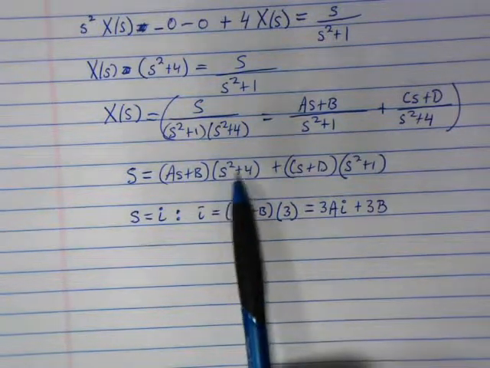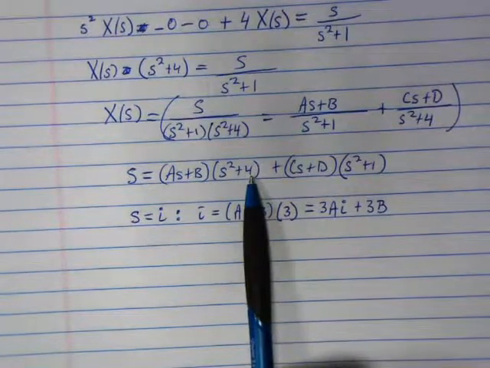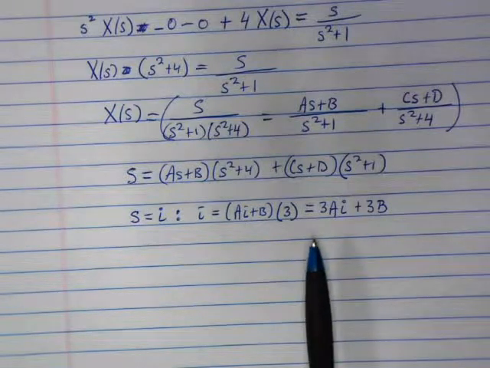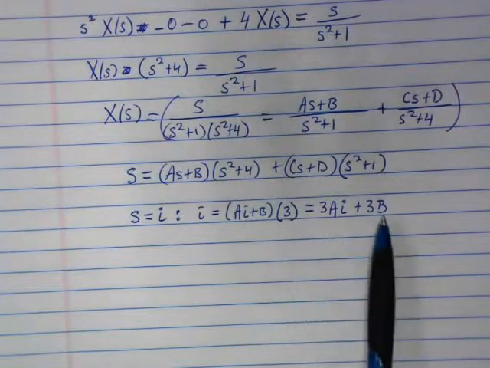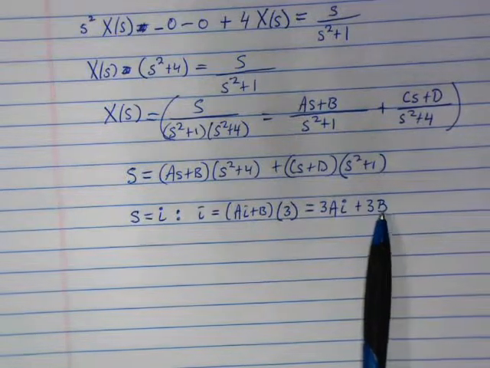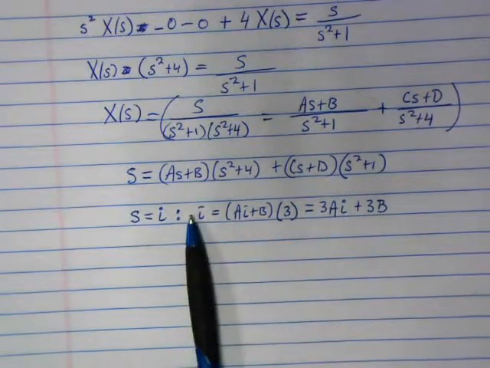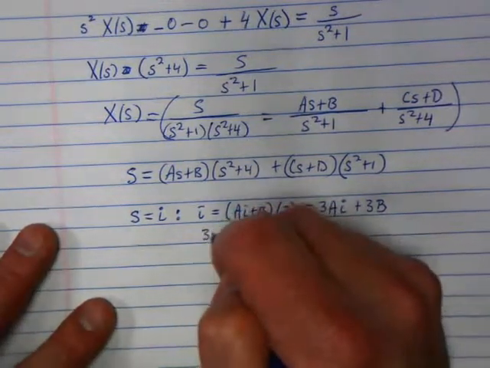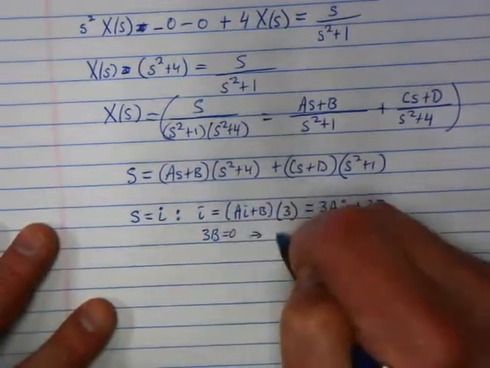What are the real numbers on the right-hand side? 3B. There aren't any real numbers on the left-hand side, so 3B has to equal 0, which means B is 0.